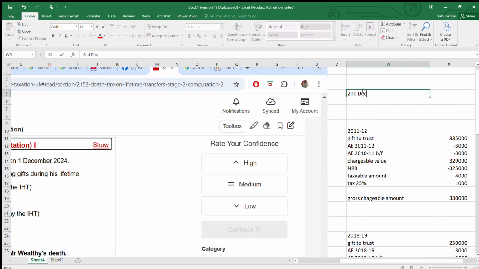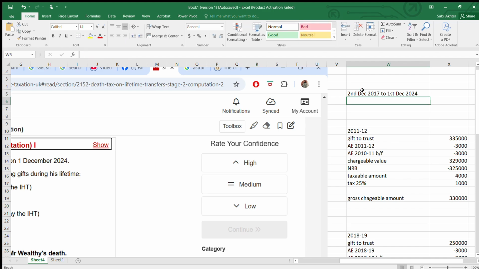If you go 7 years back from 1st December 2024, from 2nd December 2017, we'll be including all the CLT and the PET.